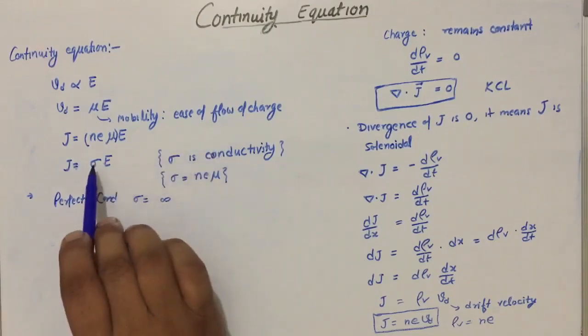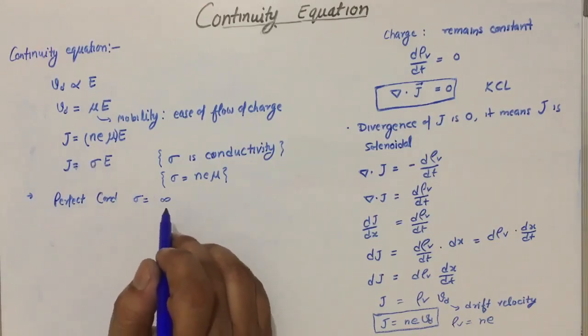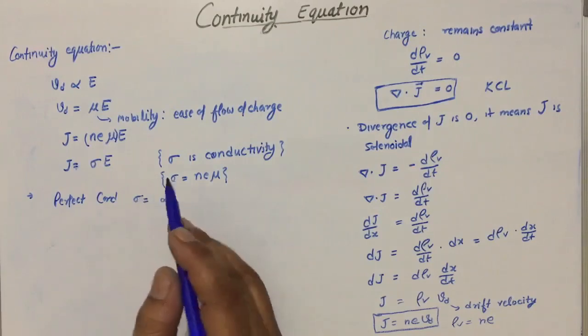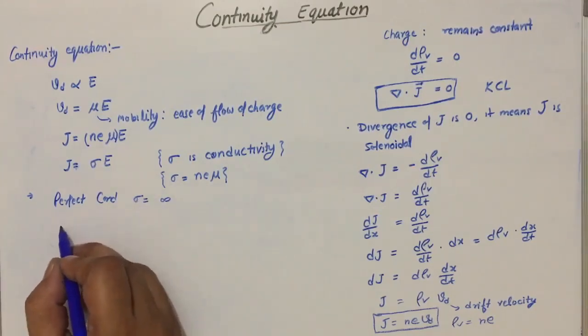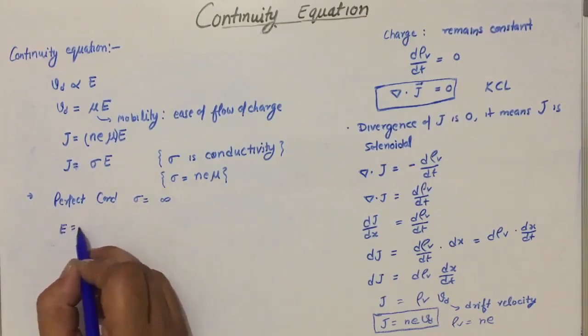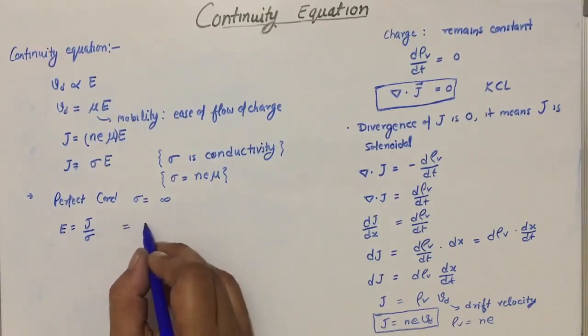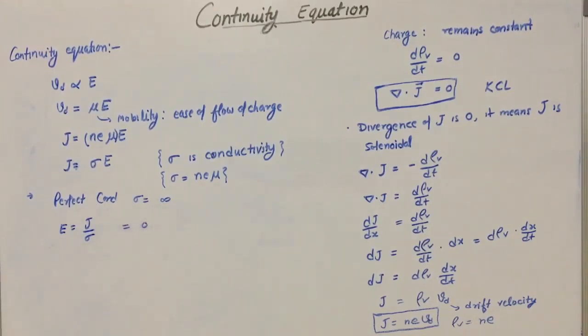So the conductivity will be infinite in the case of a perfect conductor. Okay, so E can be written as J by sigma from here. In the case of a perfect conductor, that will be equal to 0.